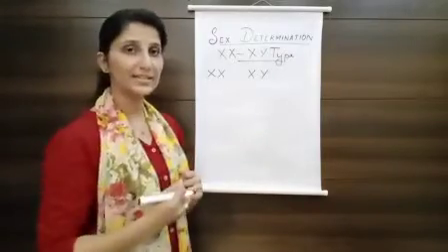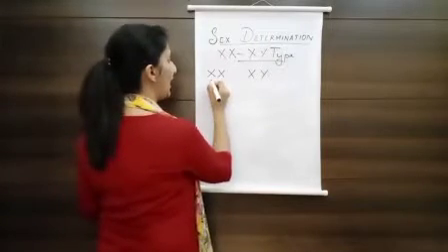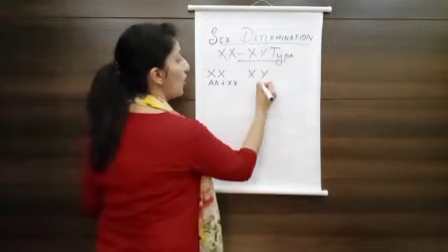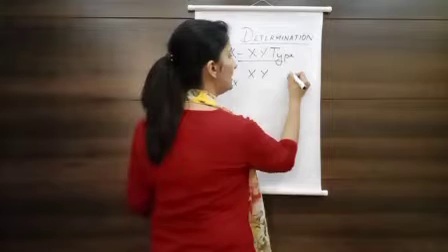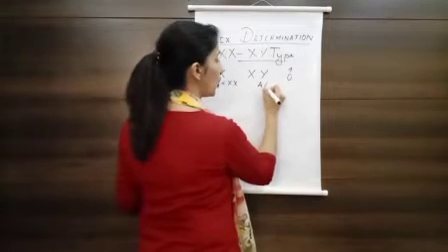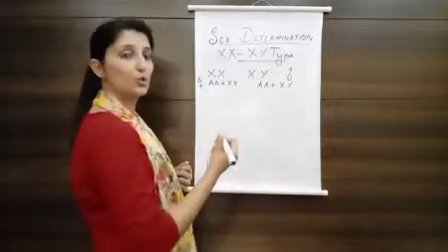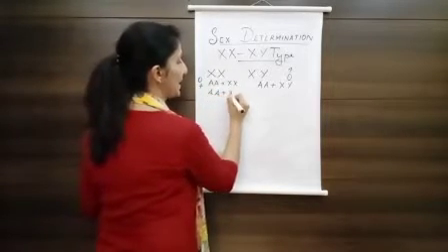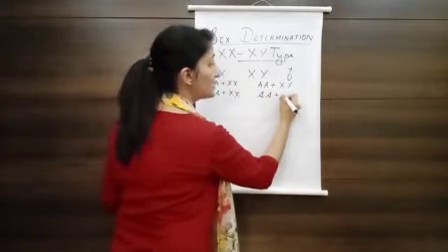So, if we represent these along with the autosomes, it can be AA plus XX in the case of females, and in the case of males, it is AA, that is autosomes, plus XY. What's the number of autosomes here? It is 44 plus XX and 44 plus XY.